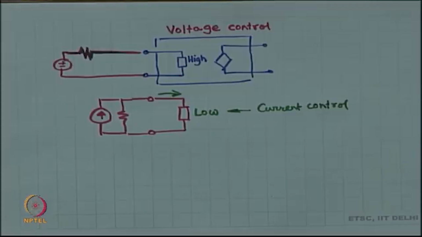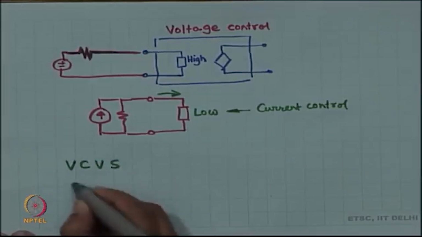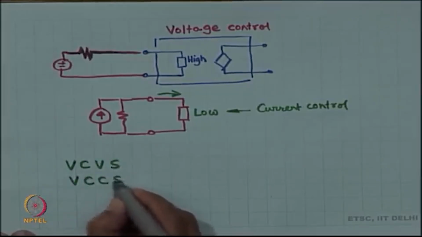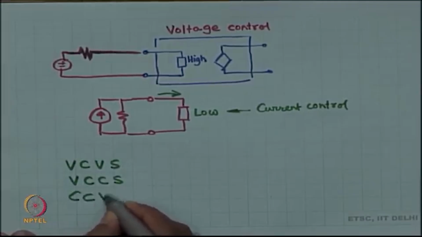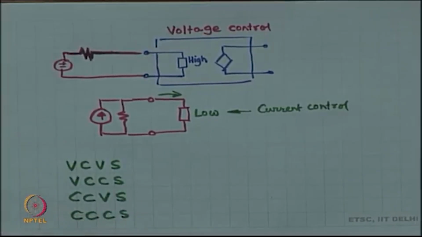And now you combine. So, you have got a voltage controlled voltage source, voltage controlled current source, current controlled voltage source, and current controlled current source. These are the 4 controlled sources that you have learnt, right.